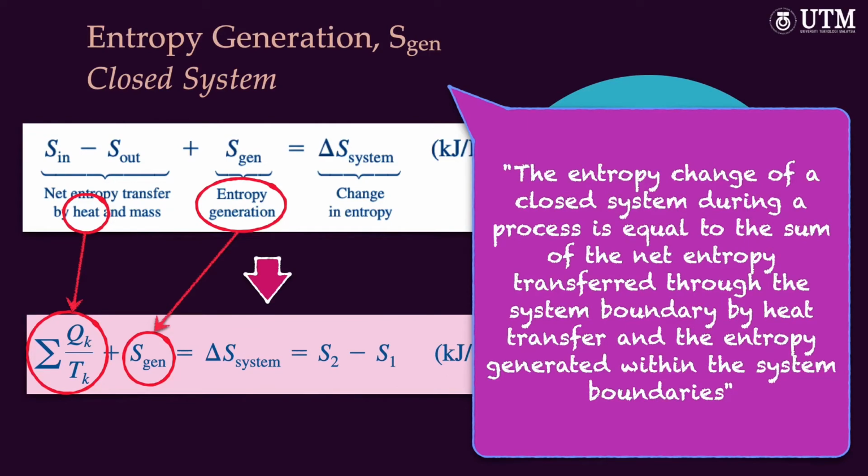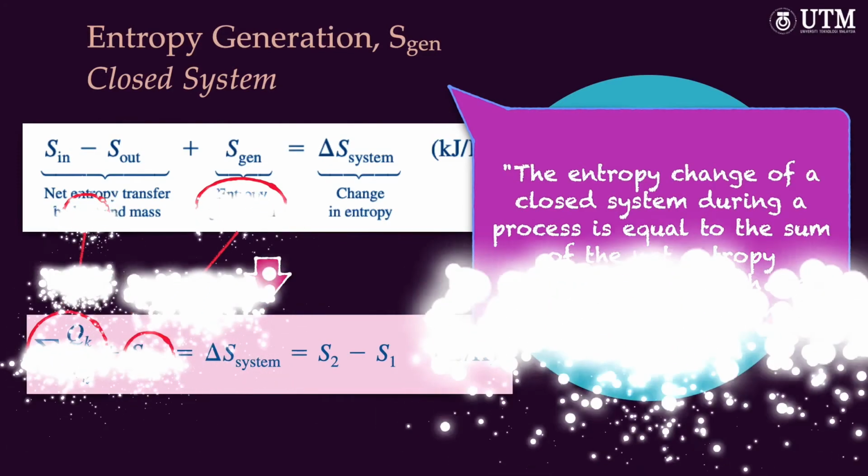To make it short, the entropy balance relation can be stated as: the entropy change of a closed system during a process equals the sum of the net entropy transferred through the system boundary by heat transfer and the entropy generated within the system boundaries.